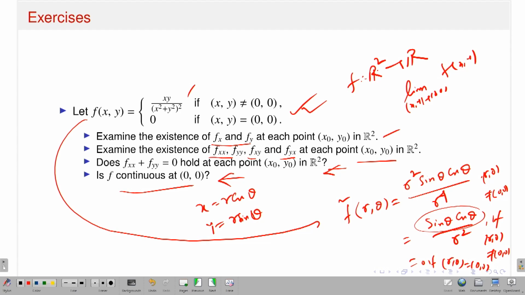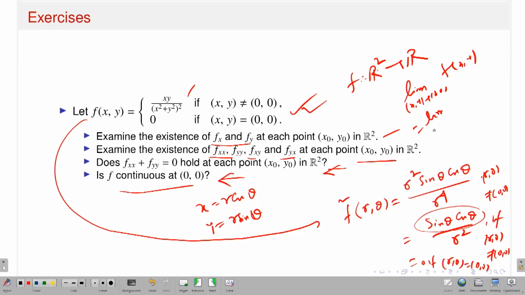Now to change it to polar coordinates, this is the same as in Cartesian coordinates xy goes to 0, 0. If I convert it to polar coordinates, I need the r, the distance of xy from the origin. So this is simply the limit as r approaches 0 of the function f tilde of r theta.